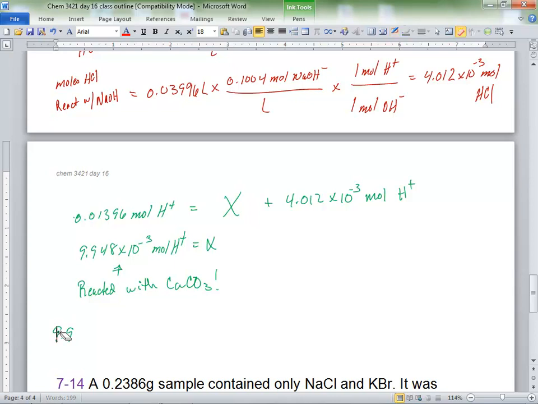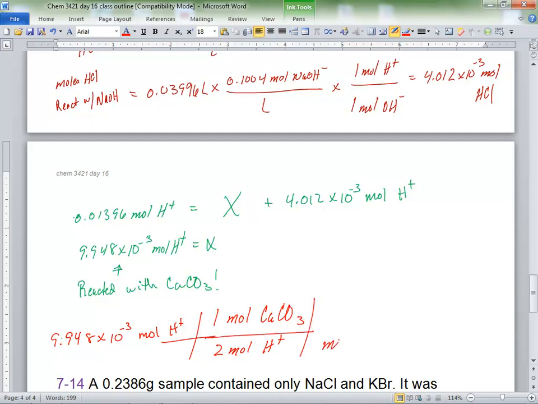Let's make it so you can see it. 9.948 times 10 to the negative 3 moles of H plus, 2 moles of H plus for every 1 mole of calcium carbonate. And then in a mole of calcium carbonate, I have the molar mass of calcium carbonate.